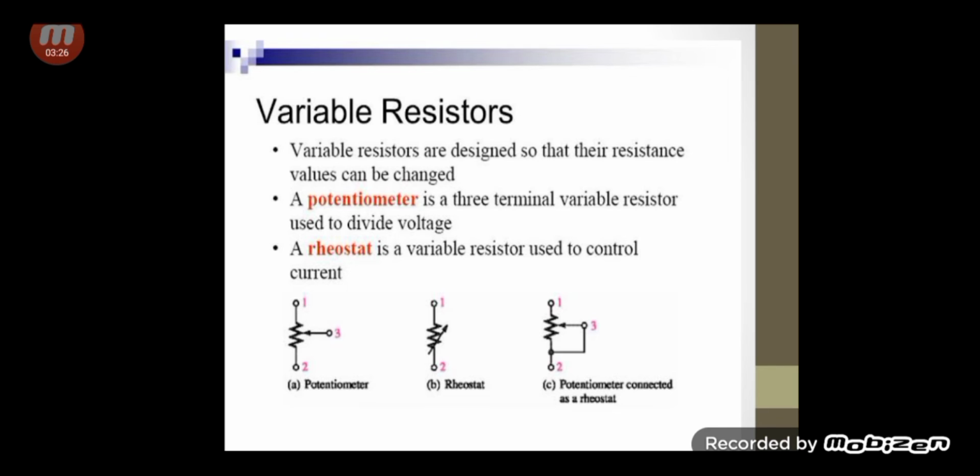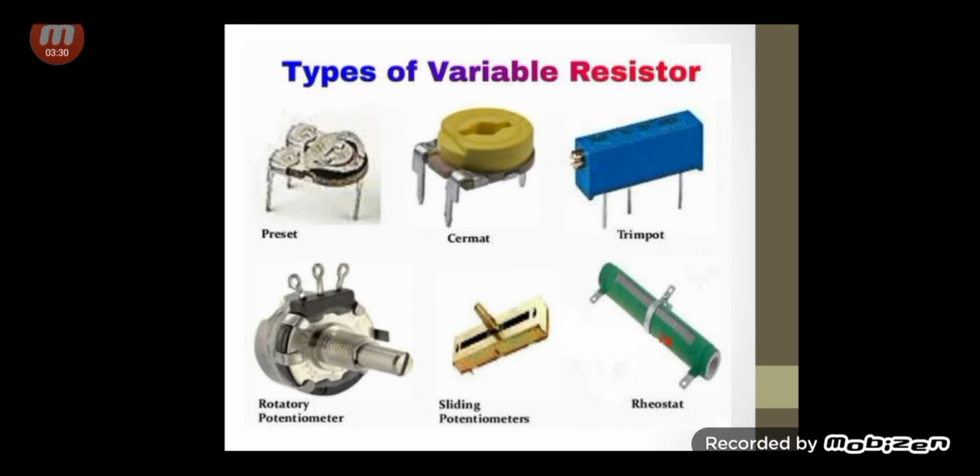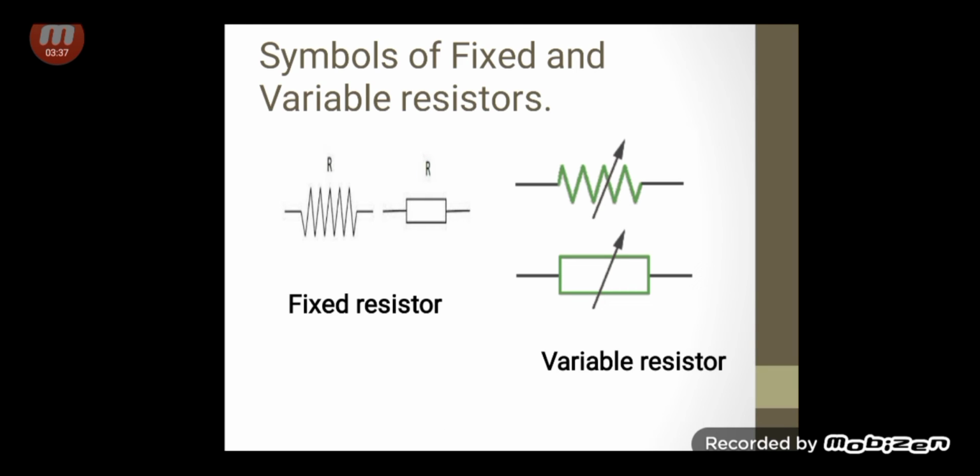The third is a potentiometer connected as a rheostat. These are the different types of variable resistors. Here are some symbols: on the left-hand side, two symbols are there for the fixed resistors, and on the right-hand side there are two symbols for the variable resistors.